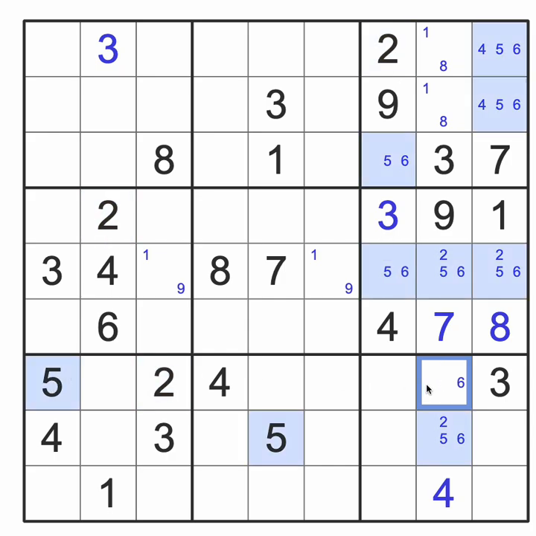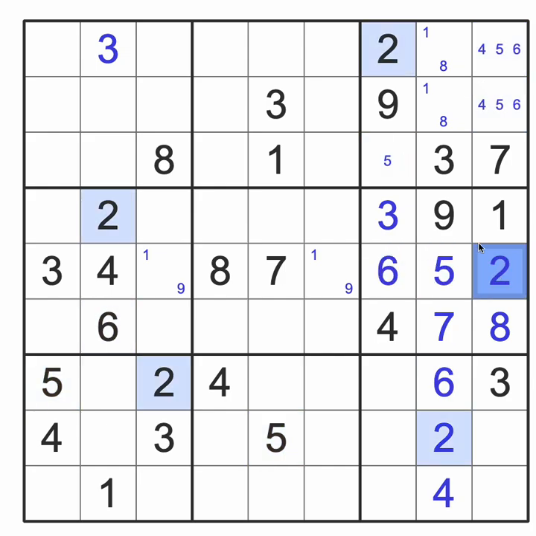Leaves only 6 as a possibility. And now it's 2 and 5 double, but this cell is blocked by 5. Makes it 2, which gives me 5, which gives me 6, and 2 and 5.